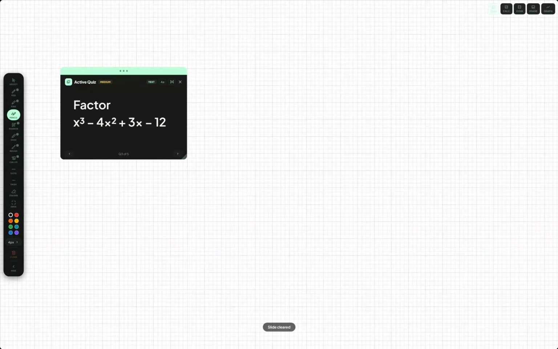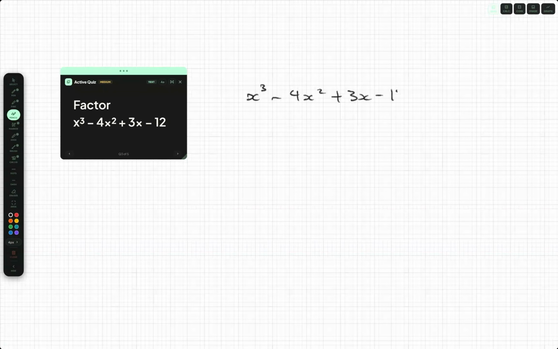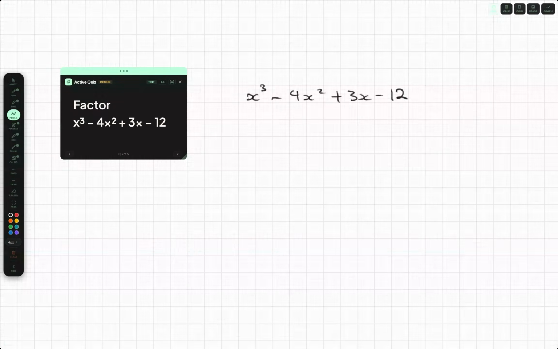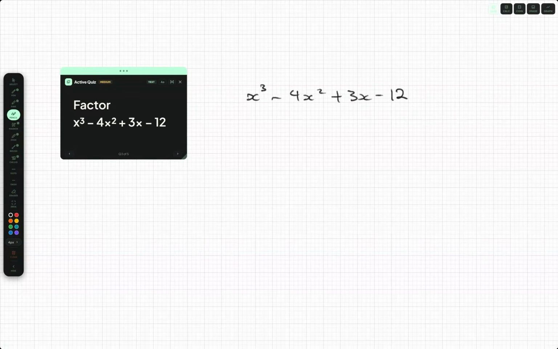Let's move on to our third one. So we have x cubed minus 4x squared plus 3x minus 12. Alright, so we're trying to find common factors between these two terms first. They're both being multiplied by x. In fact, they're both being multiplied by x squared.